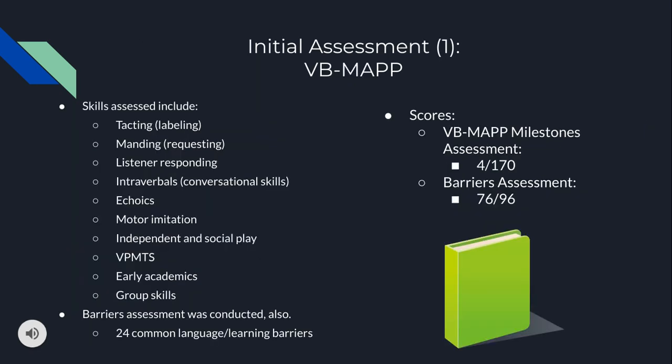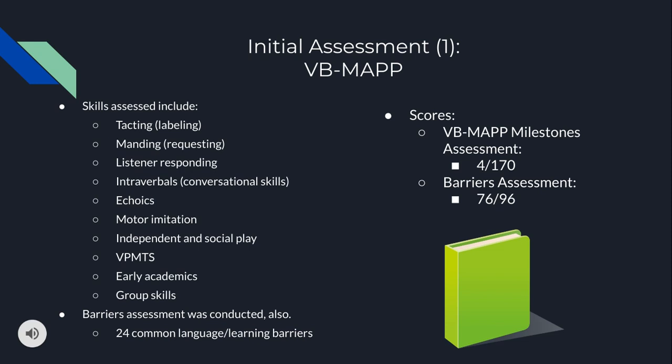As many of you are probably familiar with the VB-MAP assessment, for those who are not, if you look at the left-hand side, you can see some of the skills that are assessed using the VB-MAP. It focuses on group skills, early academics, echoics, listener responding, tacting, manding, intraverbals, and more. What the VB-MAP assessment also allows for is the assessment of barriers.